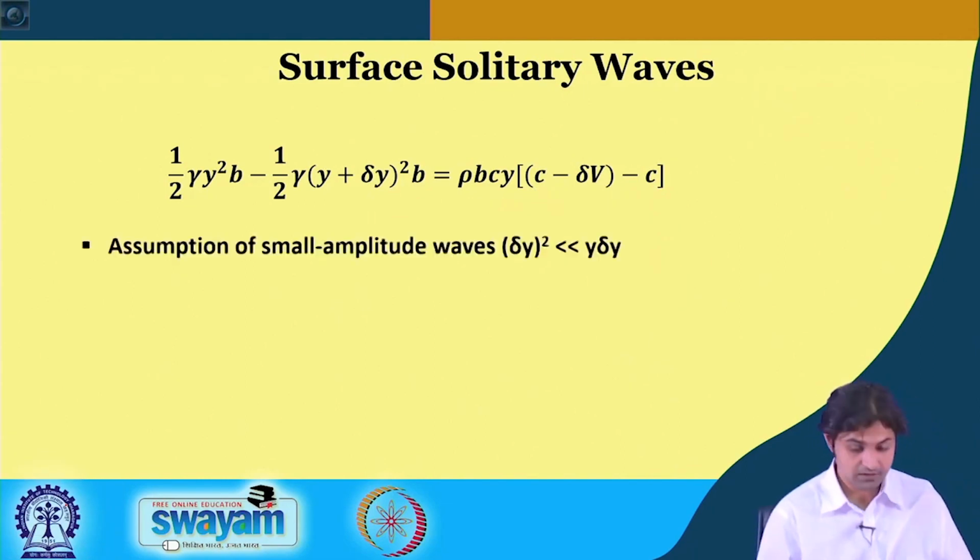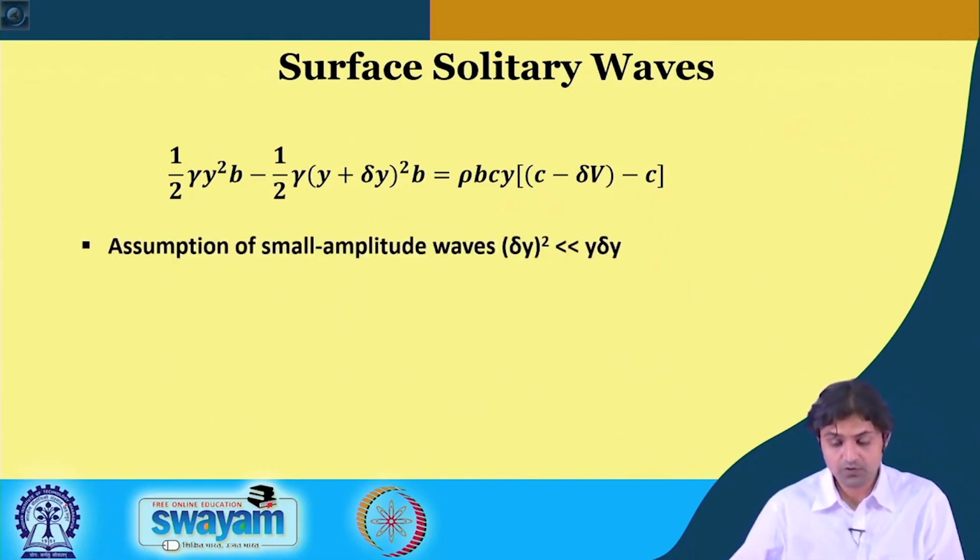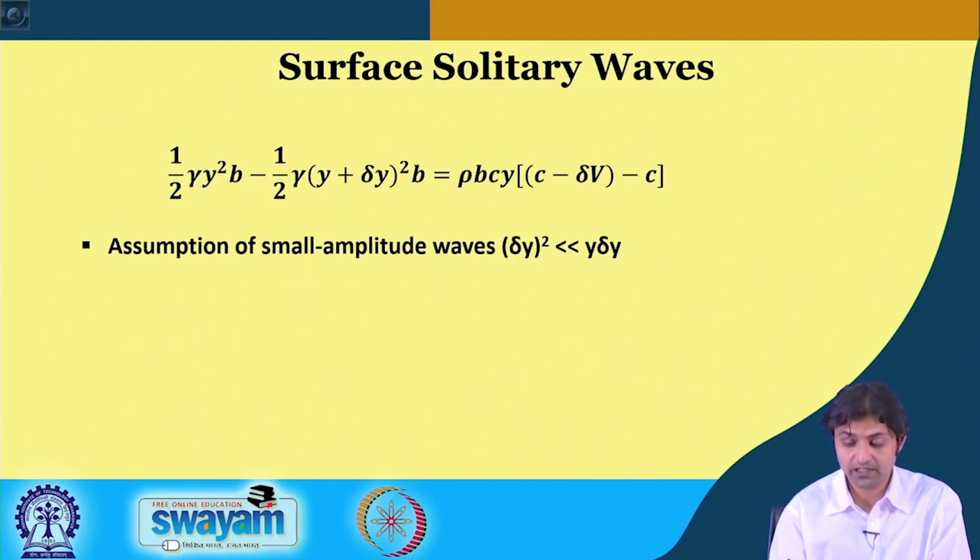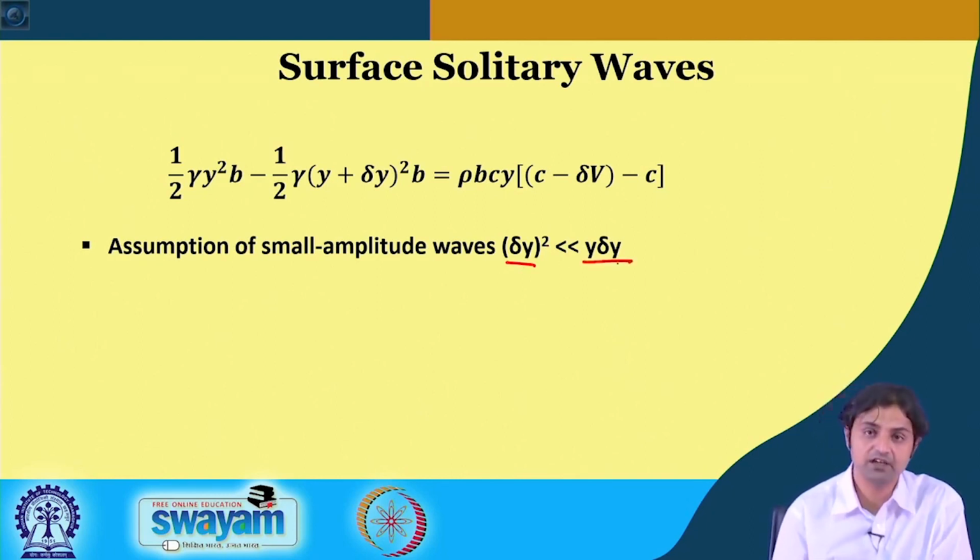If you assume that delta y is small, small amplitude wave theory is already assumed, correct. So delta y is very less compared to y. Therefore, delta y square will be even less. So, we can assume that delta y whole square is very less than y multiplied by delta y.